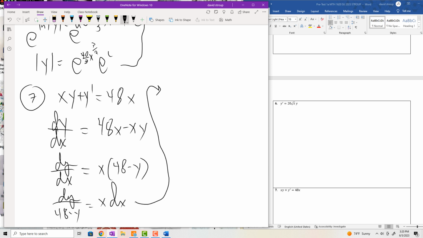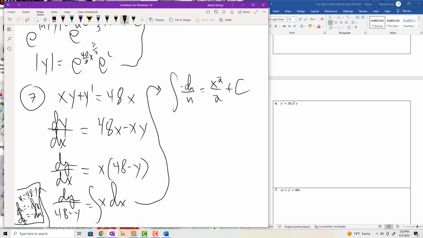Okay. So now integrate both sides, doing a u sub on the left. Du is going to be negative dy, so dy can be replaced by negative du. So on the left side, we have the integral negative du over u. On the right side, x squared over 2 plus c.